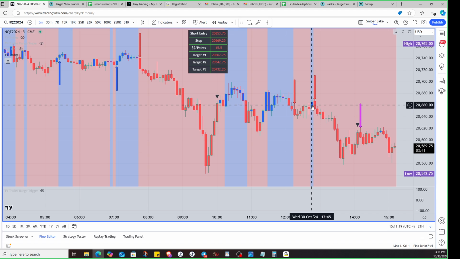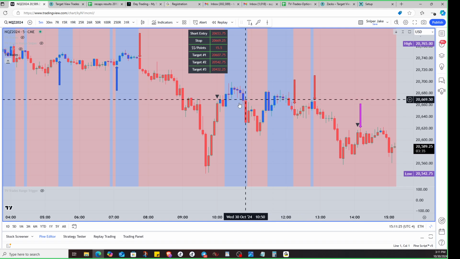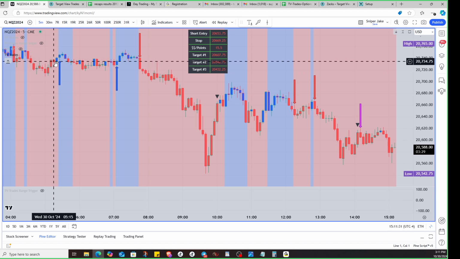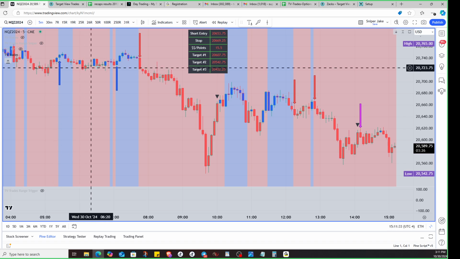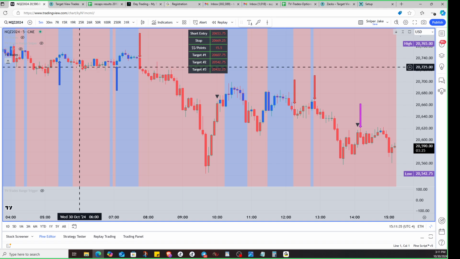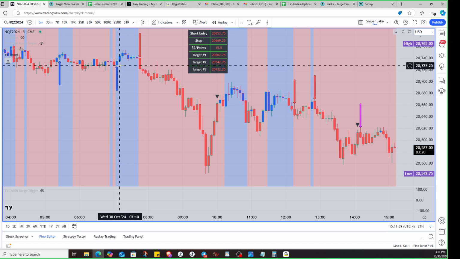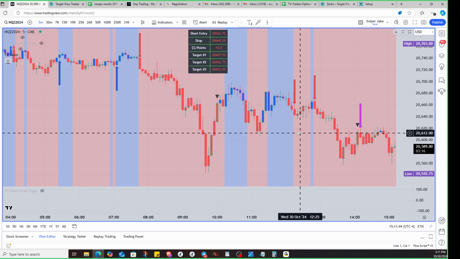If you have like a red bar on a blue background or a blue bar on a red background, red bar on blue, you get a notification there. Red bar on blue, you get a notification there. Blue on a red right here, you get a notification there. Blue on a red there, you get a notification there. You're also going to get it in here. Not every bar is going to trigger the trade, so you got to wait until the trade actually triggers for that. Okay?